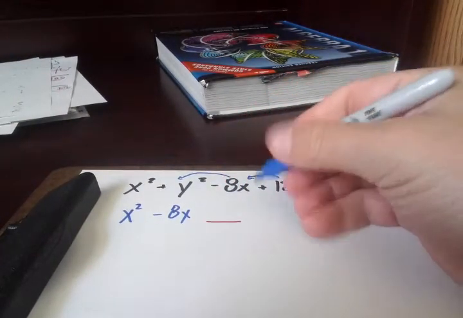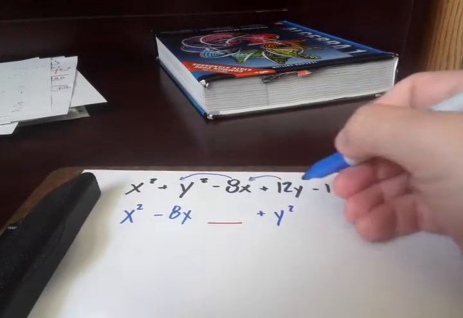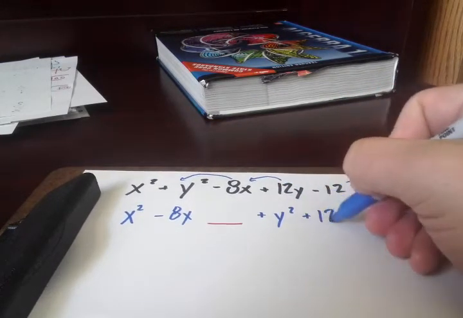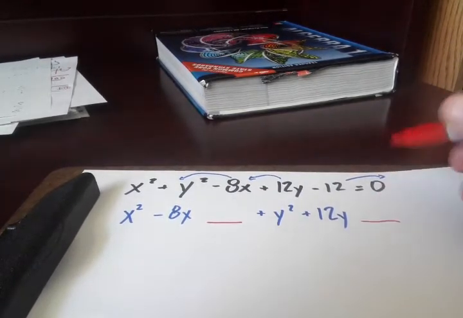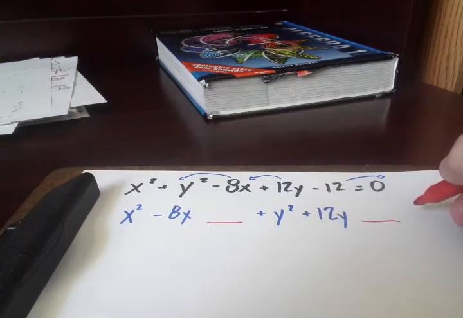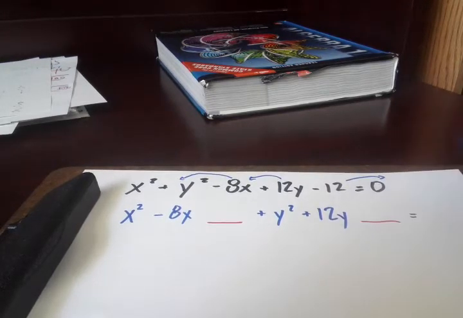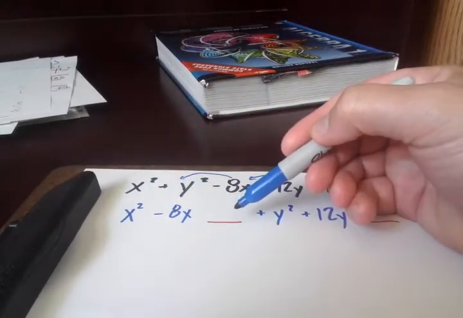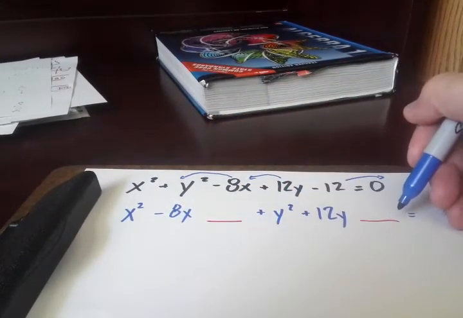Now I have my y squared behind it, and it's positive, so I have plus y squared plus 12y. I'm going to put in a second blank because I'm going to complete the square twice. What you should be seeing is that I'm trying to create a trinomial with the x values and a trinomial with the y values.